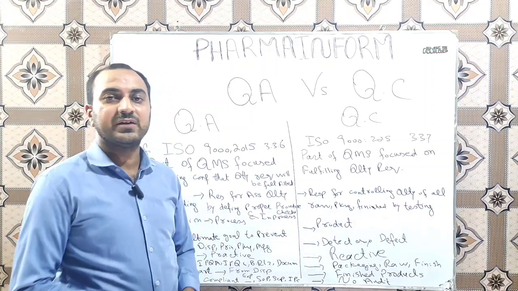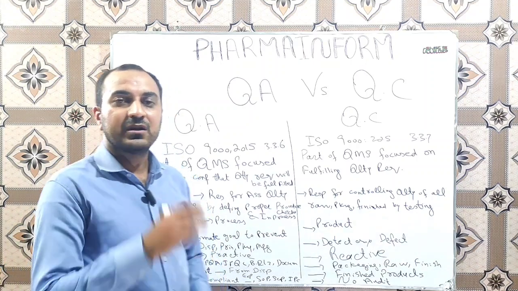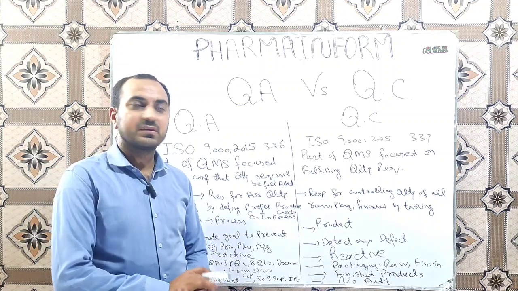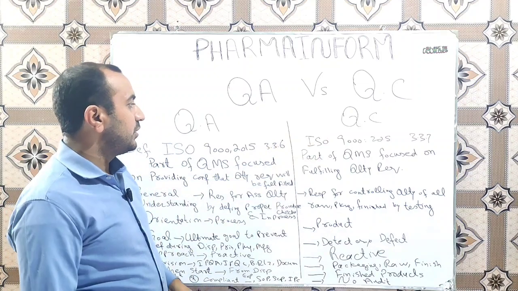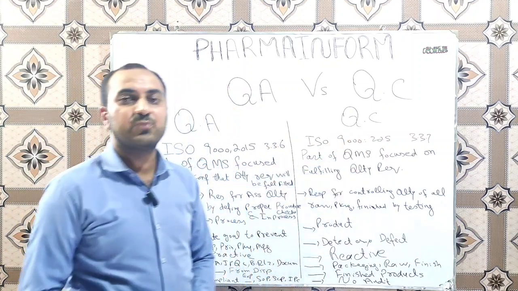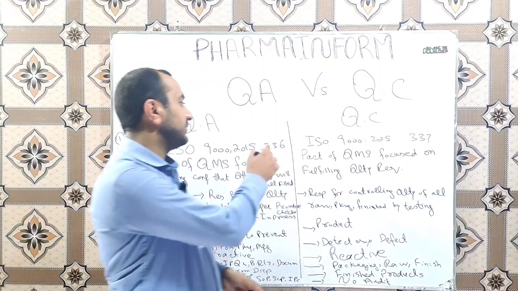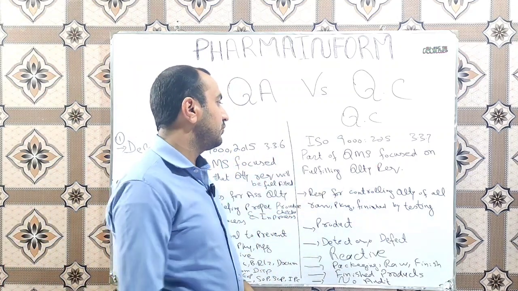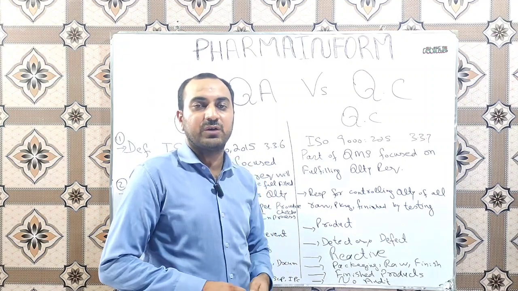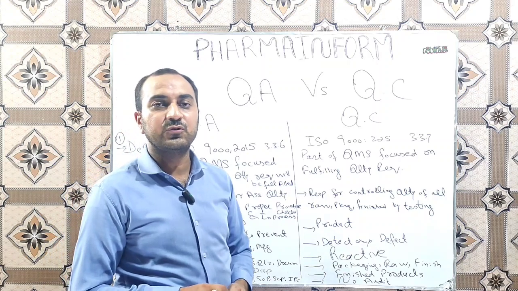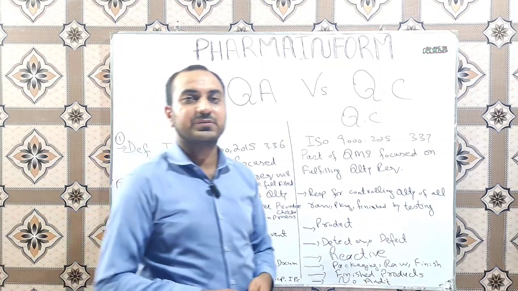Mean, it provides us confidence that the required quality of a product will be fulfilled. QC, according to ISO 9000-2015 clause 3.3.7, is defined as part of QMS focused on fulfilling quality requirements. Mean, QC focuses on fulfilling the requirements.